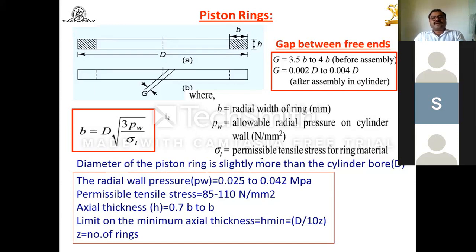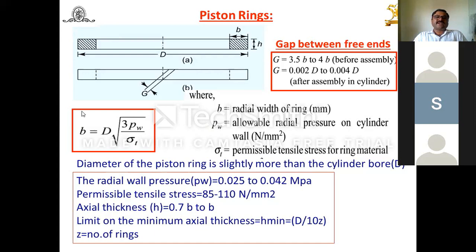Then how to find out B. The main function of the piston ring is to provide allowable radial pressure on the cylinder wall. To provide this pressure, we have to find the allowable radial pressure P upon that area, equal to sigma T, the permissible tensile stress.